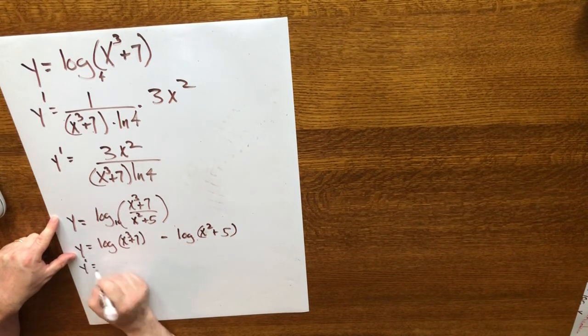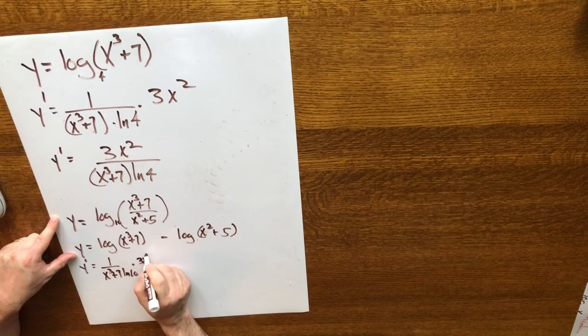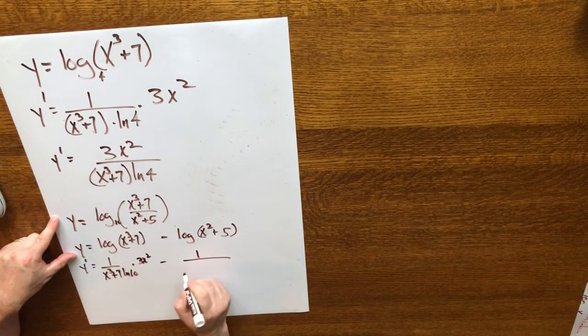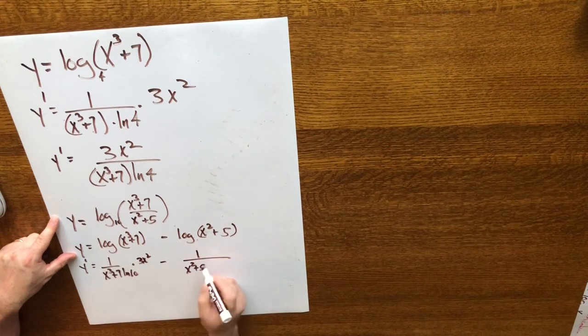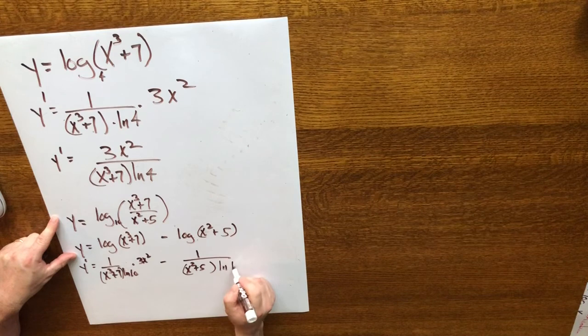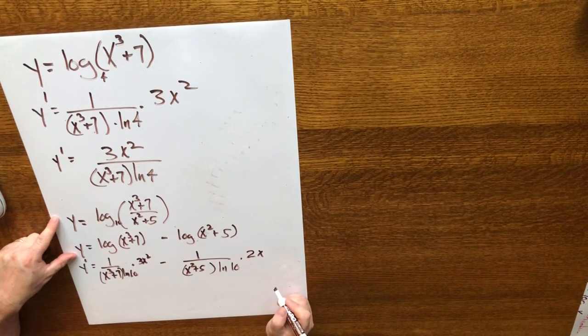So y prime equals 1 over the argument, x cubed plus 7, times the ln of the base times the derivative of the argument, minus 1 over x squared plus 5 times the ln of the base times the derivative of the argument.